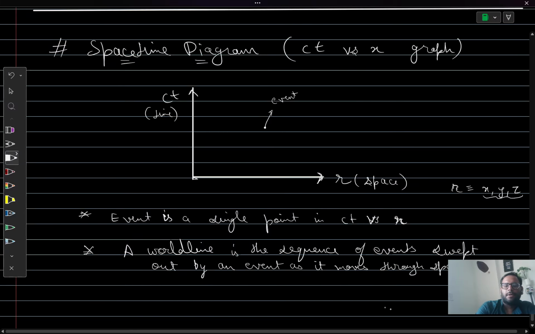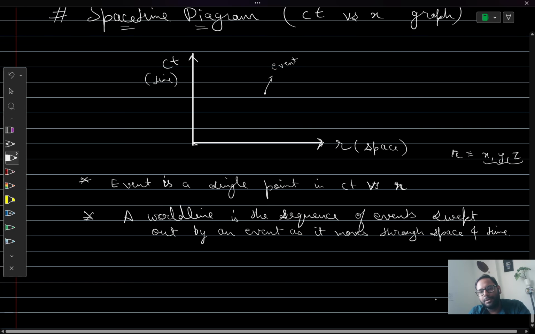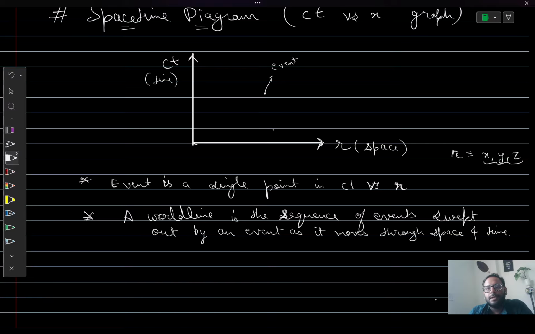A world line is a sequence of events, or a collection of points, or a trajectory that is traveled by this particular event. An event is just a point in this graph. You can call that event a point or a point an event, it doesn't matter.